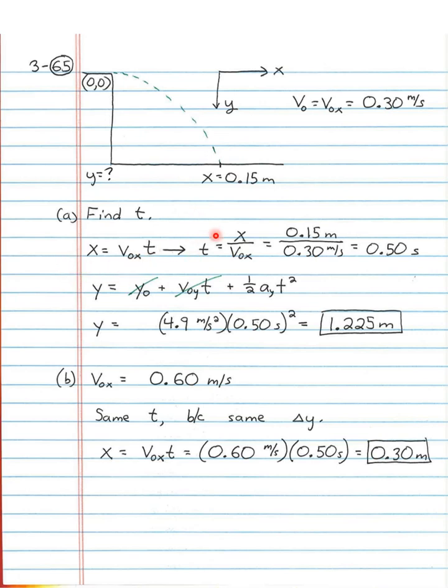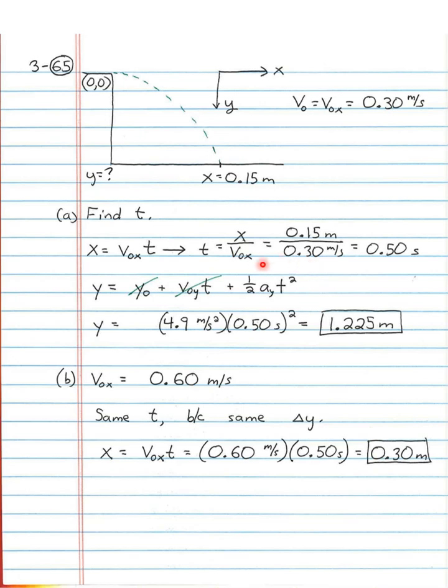T, therefore, is x over v naught x. Well, we know x, it went a distance of 0.15 meters, divided by original x velocity 0.30 meters per second. In fact, that's all of the x velocity all the time, and that is 0.50 seconds. So it's falling for 0.50 seconds.